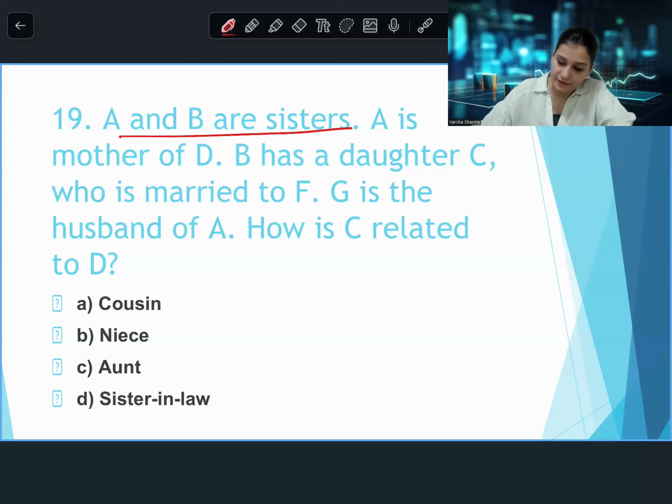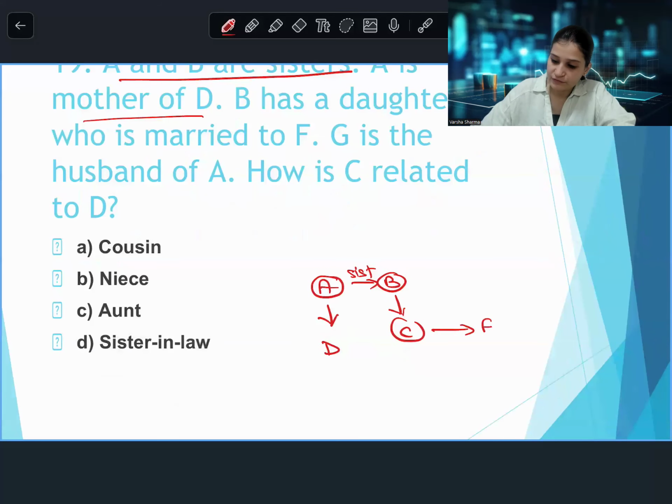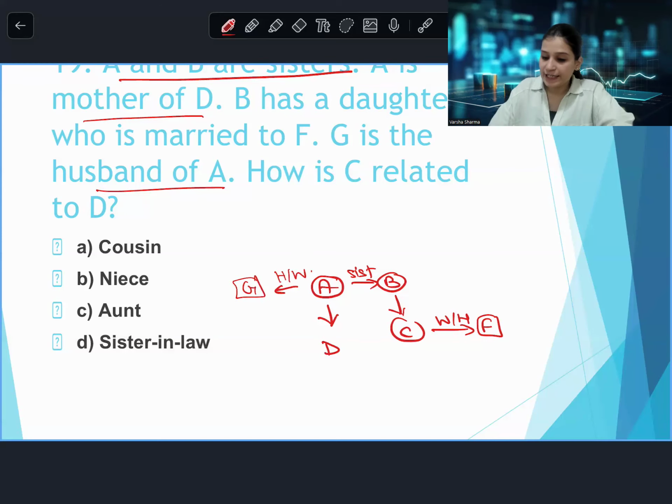A and B are sisters. A is the mother of D. B has a daughter, C, who is married to F. G is the husband of A. How is C related to D?